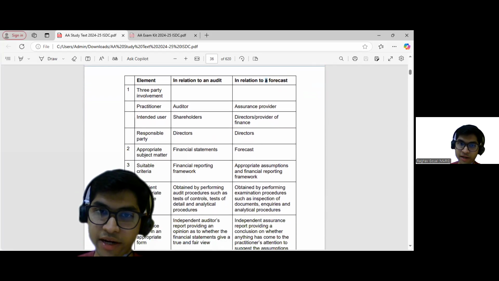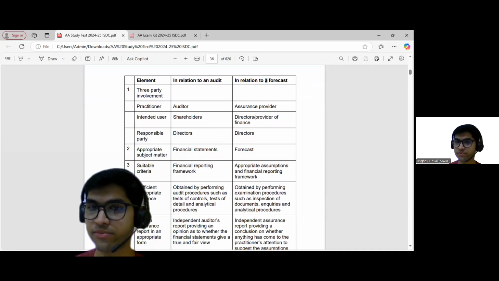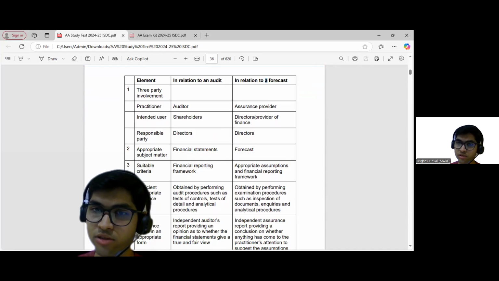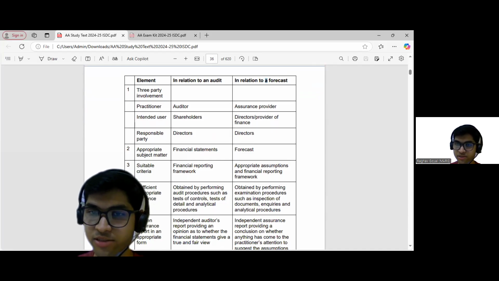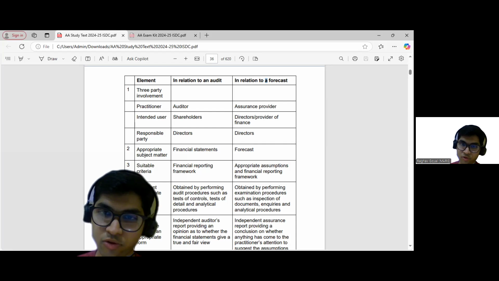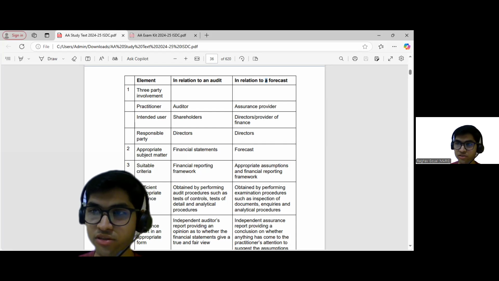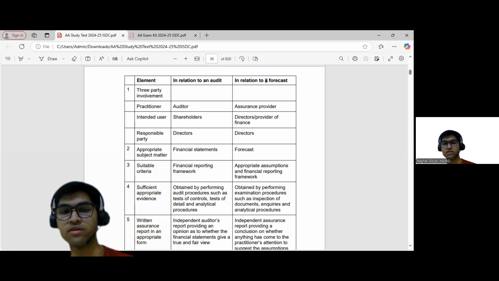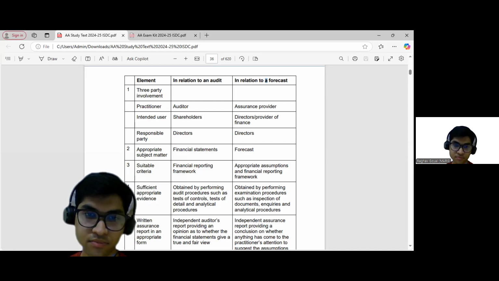So similarly, the practitioner is auditor, assurance provider, users here will be shareholders for the financial statements. Here it's usually used by the internal management itself. The responsible party to provide the information correctly would be the directors, that is the management of the client itself.